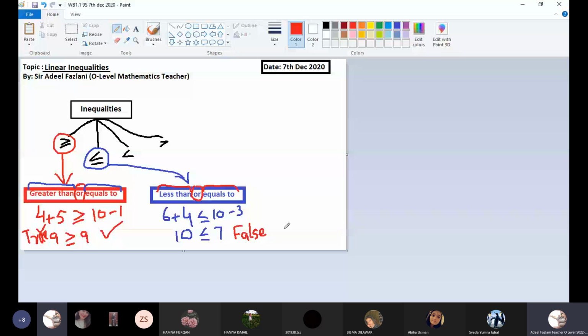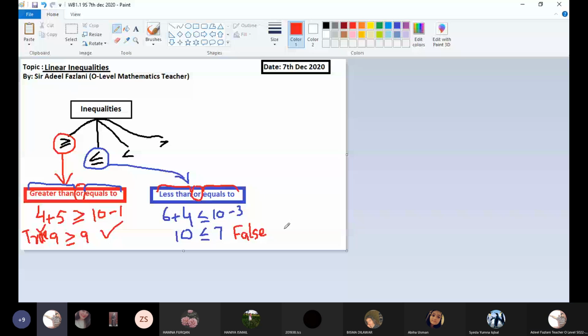Since 10 is not equal to 13, I told you the criteria to understand the concept of less than or equals to: if one of the conditions is true in this statement, the entire condition is true. So that's the reason this is true. Got it? Yes or no?